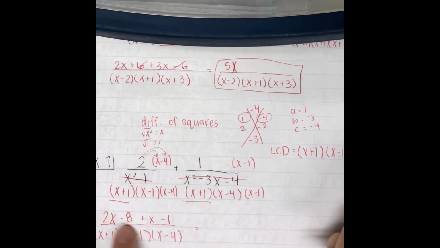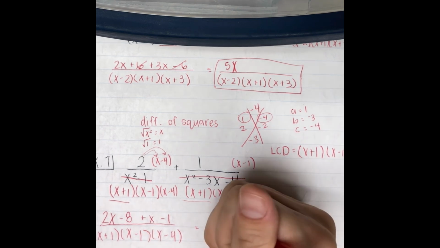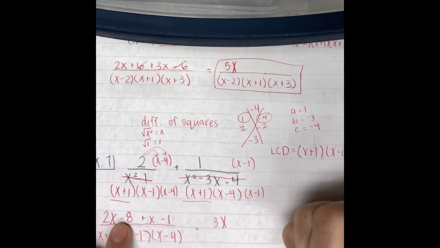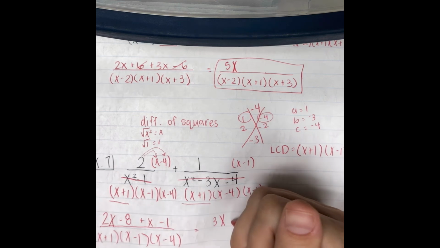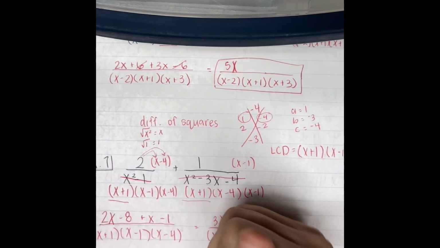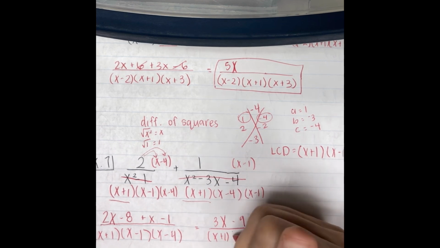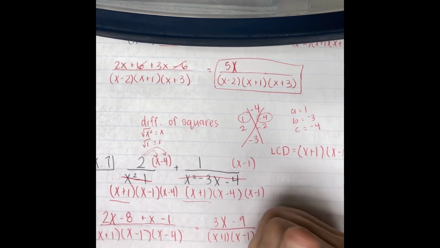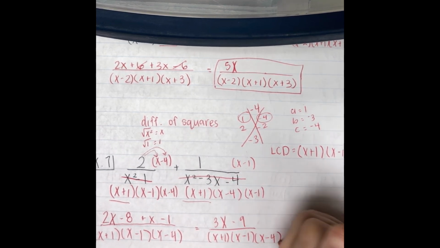Combining like terms, 2x plus an x gives me a 3x, and negative 8 minus 1 would be a negative 9 over x plus 1 times x minus 1 times x minus 4.